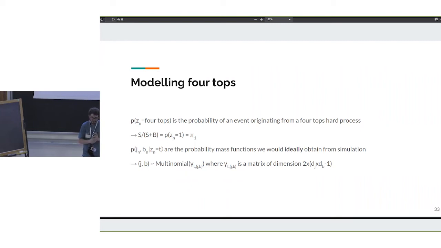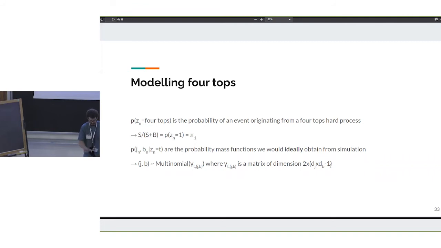Because we are dealing with integer variables, the most general distribution we can think of is a set of multinomials, where you have a probability for a single process to produce a single bin of J and B. This is what we model with a set of gamma parameters, which is a matrix of dimension: 2 classes times the number of possible light jets you can measure, times the number of possible b jets you can measure, minus 1 because of normalization.